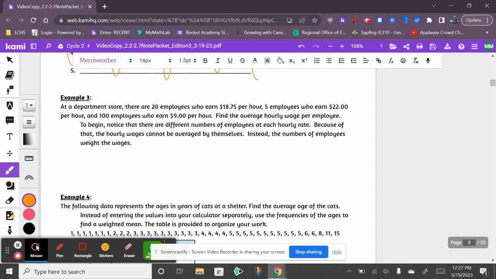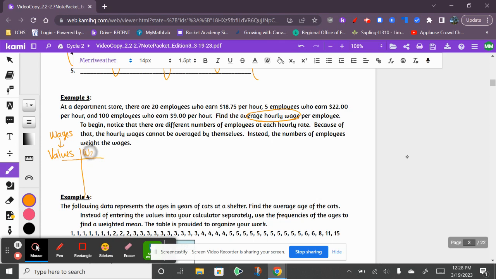So looking at example 3, it says at a department store, there are 20 employees who earn $18.75 per hour, 5 employees who earn $22 per hour, and 100 employees who earn $9 per hour. We want to find the average hourly wage per employee. So because we're finding the average hourly wage, our values are going to be the wages.